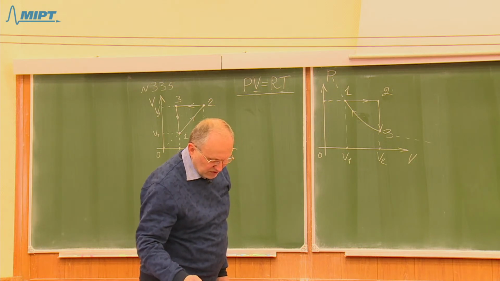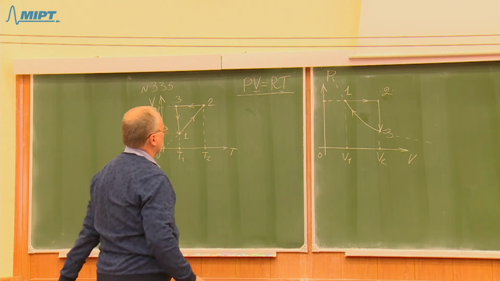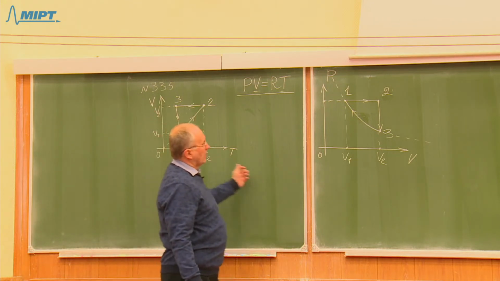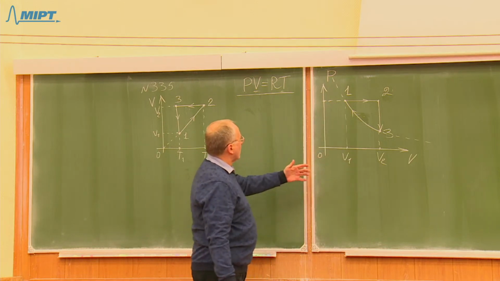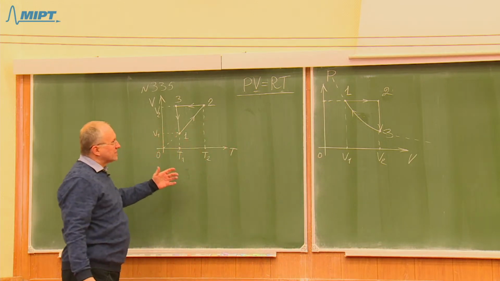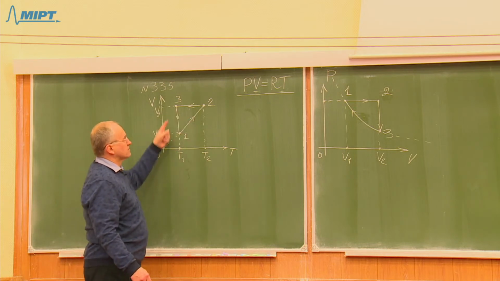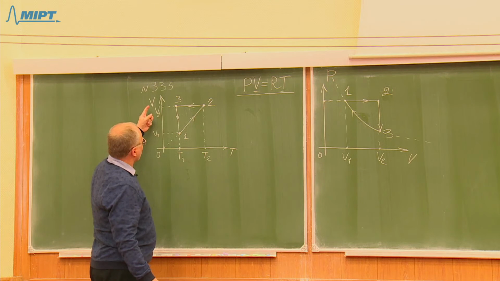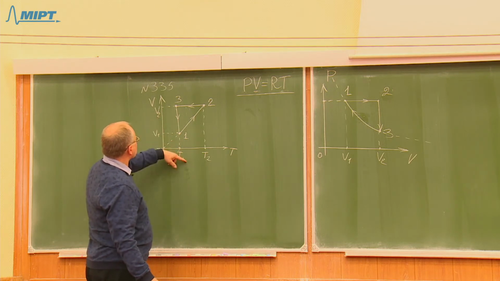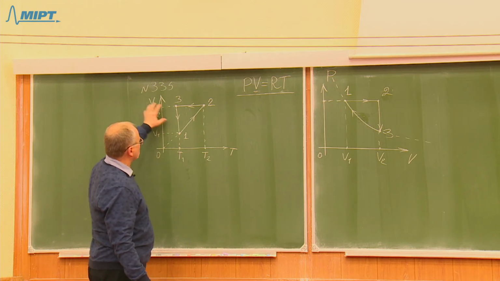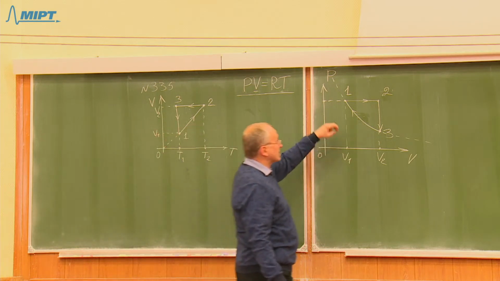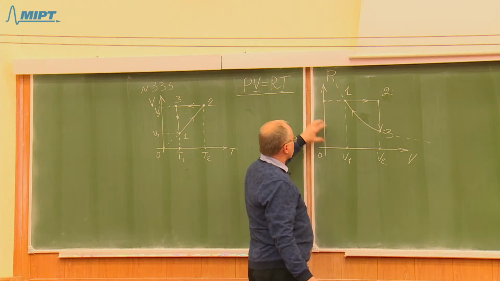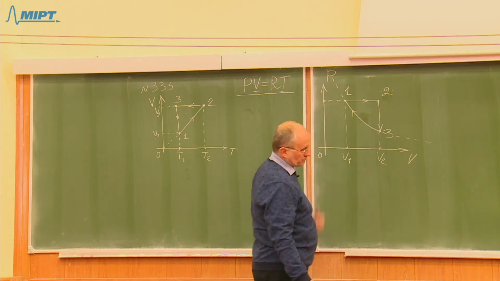Show the same process on the PV diagram. Yes, we have shown the same process. So this diagram and this diagram refer to the same cyclic process with the gas. But here this process is shown in certain variables, volume versus temperature, and here the same process is shown on the diagram of pressure versus volume.